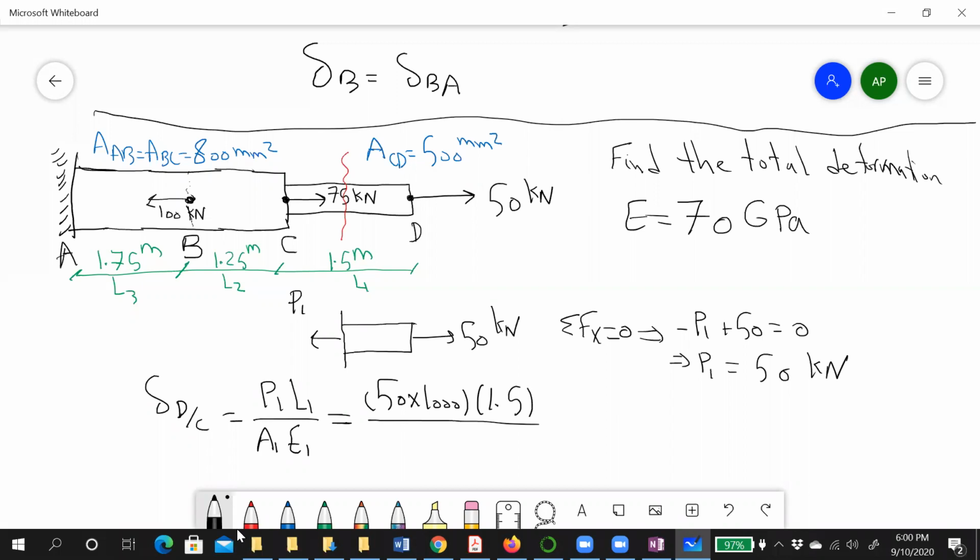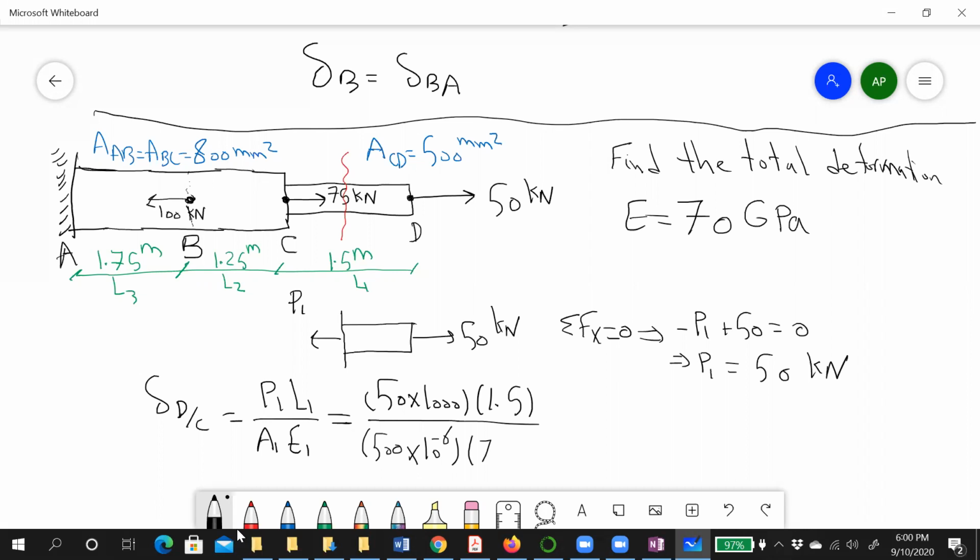A1 is 500 millimeter square, but L is in meter, so let's use the same unit. Write 500 times 10 to the negative 6, because each millimeter is 10 to the negative 3, and since it's millimeter squared, we have 10 to the negative 6.